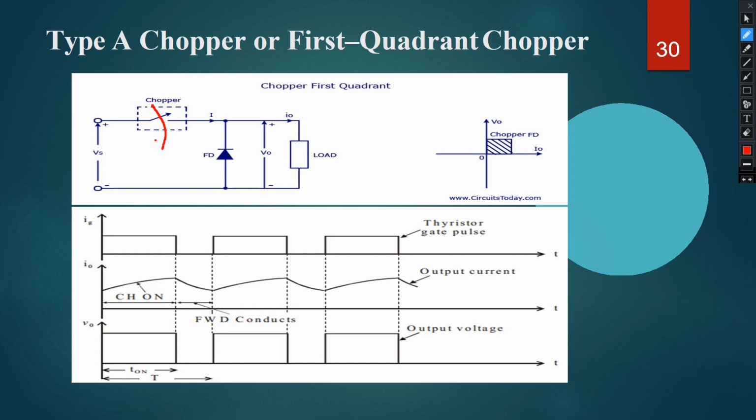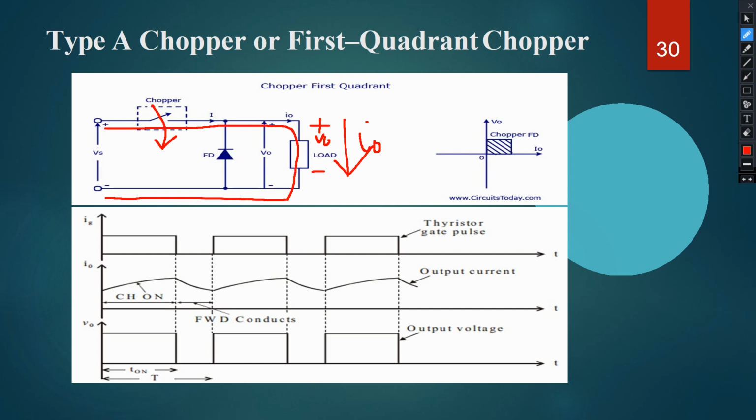So when the switch is closed, power will flow from the supply through the load and back to the supply. So what will be the direction of the current? Downwards. What will be the polarity? Like this. So this is positive, and the downward direction of the current through the load is also taken as positive. So it is a first quadrant operation.